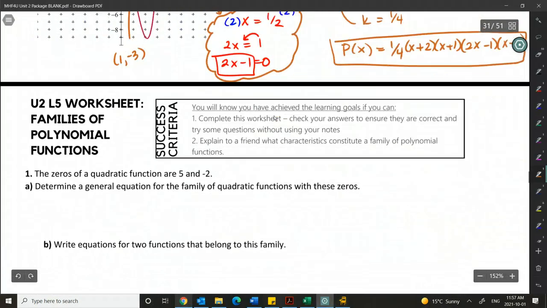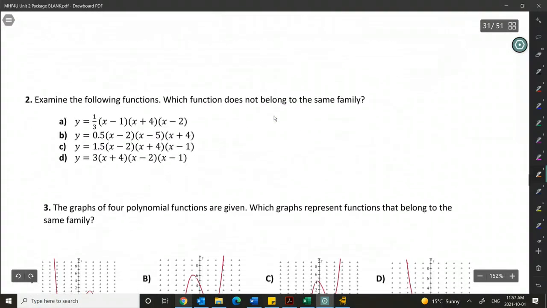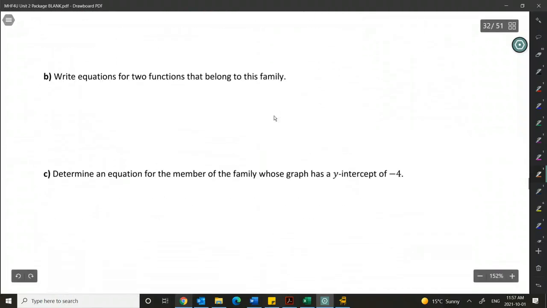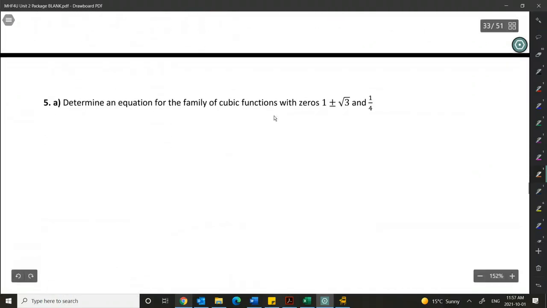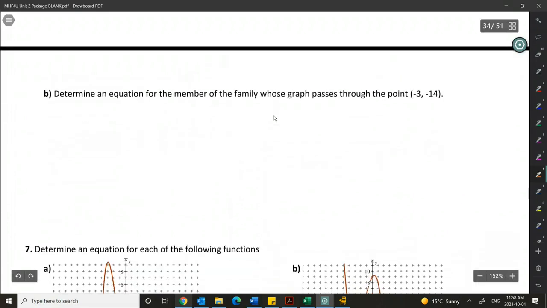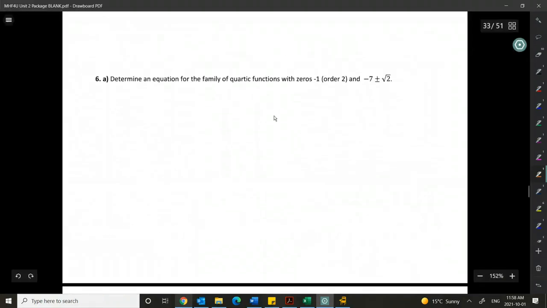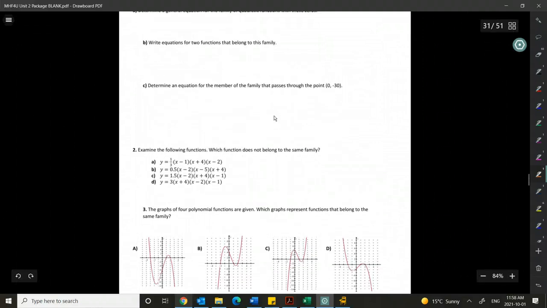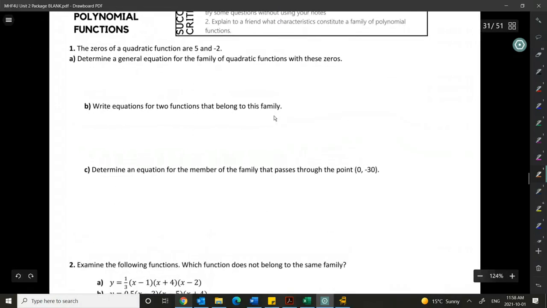So, I want you guys to try a couple of these. Perhaps you could even go and try maybe one with rational, irrational zeros. Maybe 5 is a good one to try before you leave today. 6 also has the same irrational zero type thing. I'm going to reduce these questions just a tiny bit here.